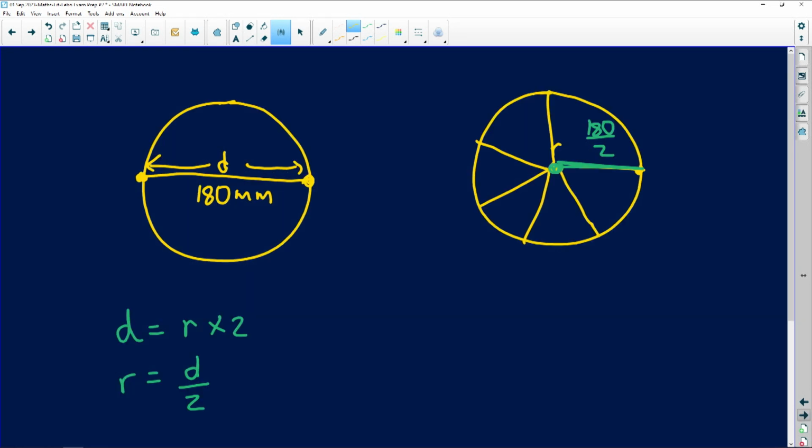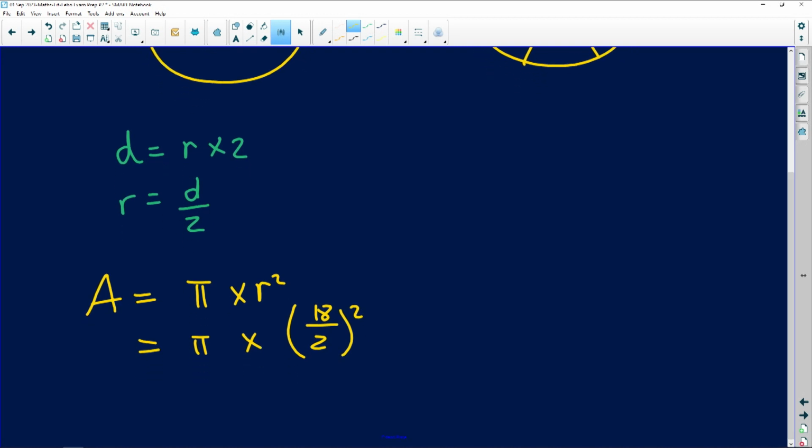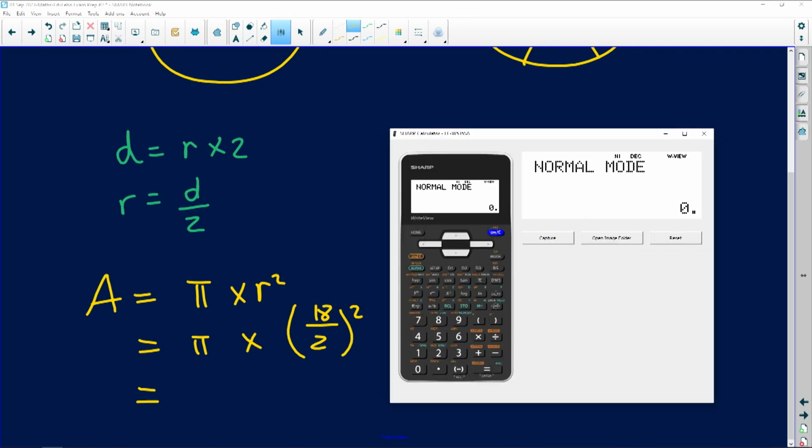So I am then going to say, because area is equal to pi times r squared, I use my pi as it is, and then I use my 18 centimeters as it is. Did you see there? I'm doing exactly the same thing I did, but this time I'm doing it in centimeters, because I want you to understand exactly what happens in exams.